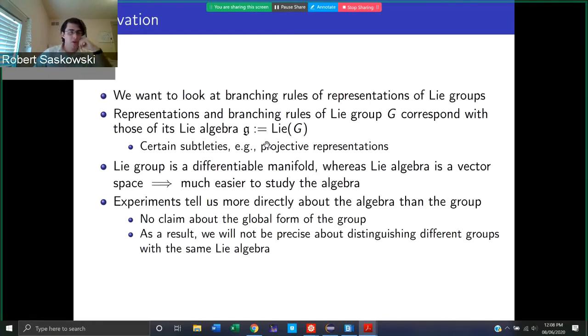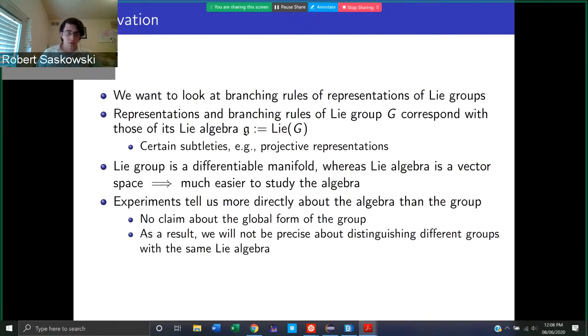In particular, we sometimes have what are known as projective representations, which are representations that fail by an overall phase. But in general, as physicists, we're okay with this because in quantum mechanics, overall phases don't really change the physics.